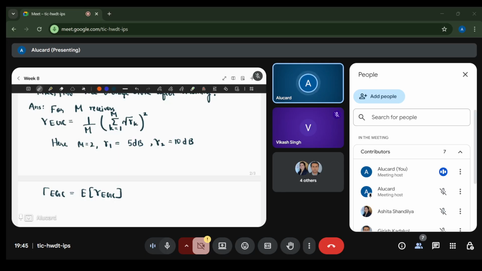Okay, so here M is 2, gamma EGC is half of square root of gamma 1 plus square root of gamma 2 whole square, which is nothing but gamma 1 plus gamma 2 plus 2 times square root of gamma 1 times gamma 2. Now we have to take the expected value of that.